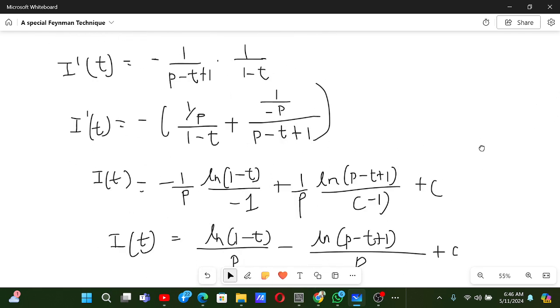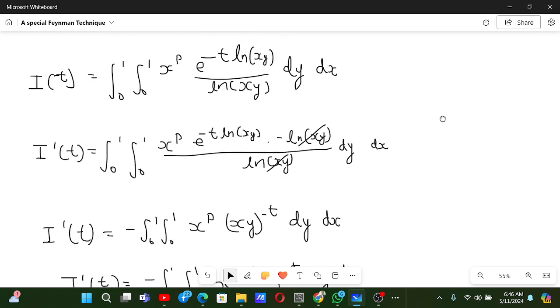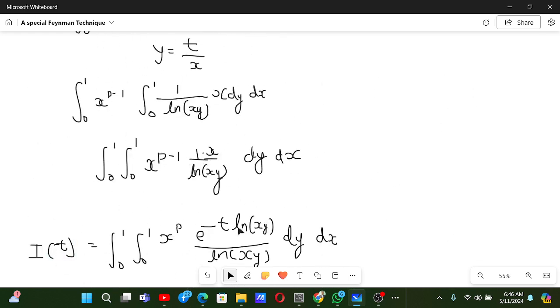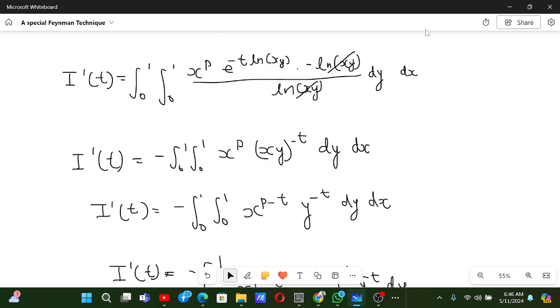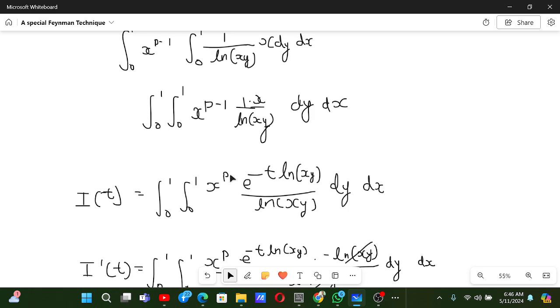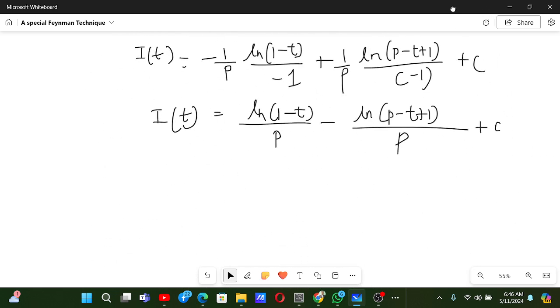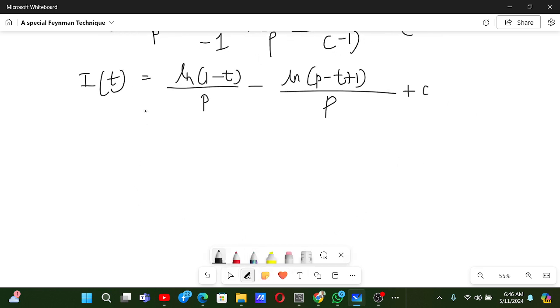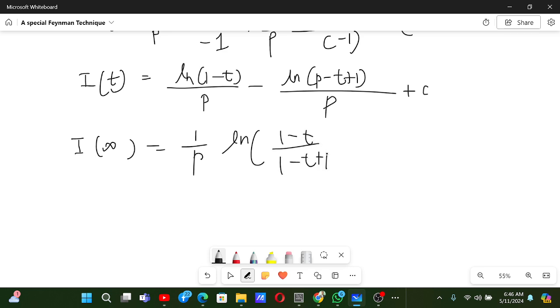To find c, we just have to know that when t is infinity, this integral goes to 0. So I of infinity is 0, and the required answer is basically when t is 0. When t is 0, we get the required integral that we are searching for. So let us use I of infinity is 0. I of infinity will be 1 by p ln of 1 minus t by 1 minus t plus p, plus c.